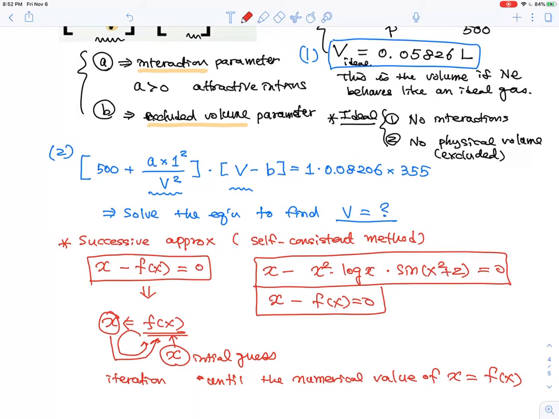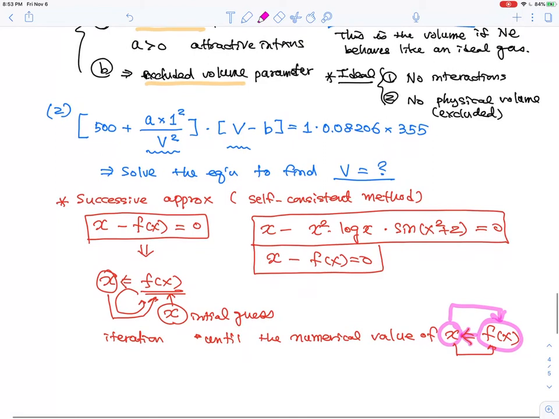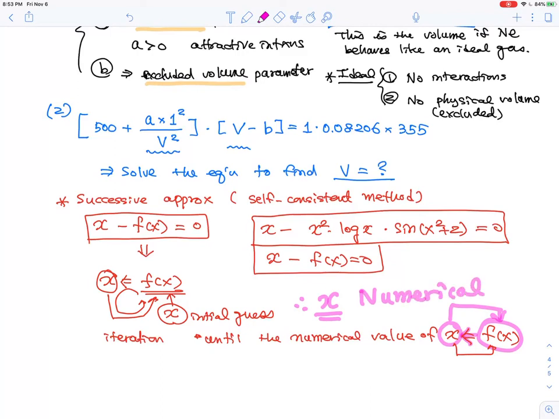Once it's the same, the values are self-consistent. When you keep repeating this, they are self-consistent, and therefore the x value is found by numerical computation.